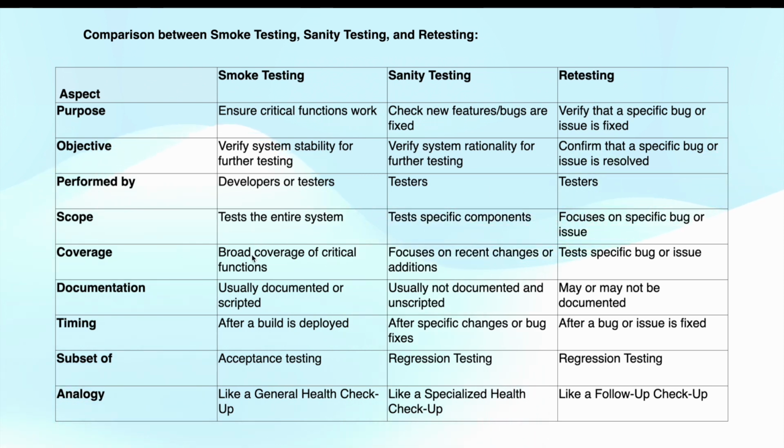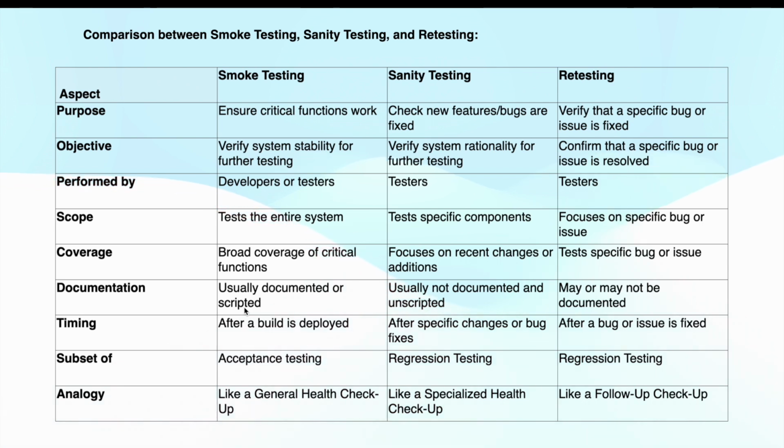Smoke testing provides broad coverage of critical functions to ensure system stability. Sanity testing provides focused coverage on recent changes or additions to the software. Retesting provides specific coverage of a bug or issue being reported.